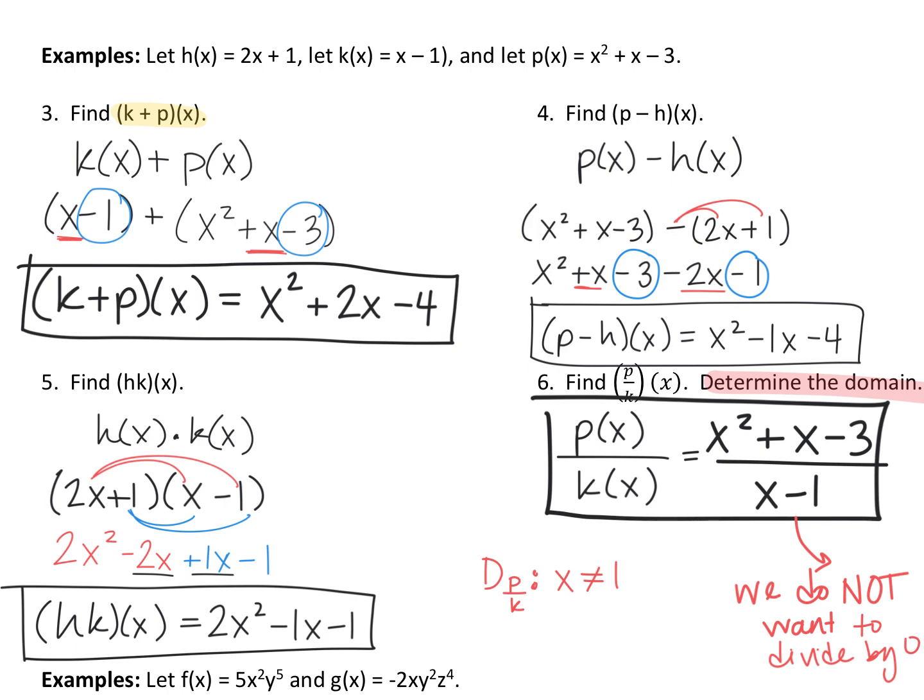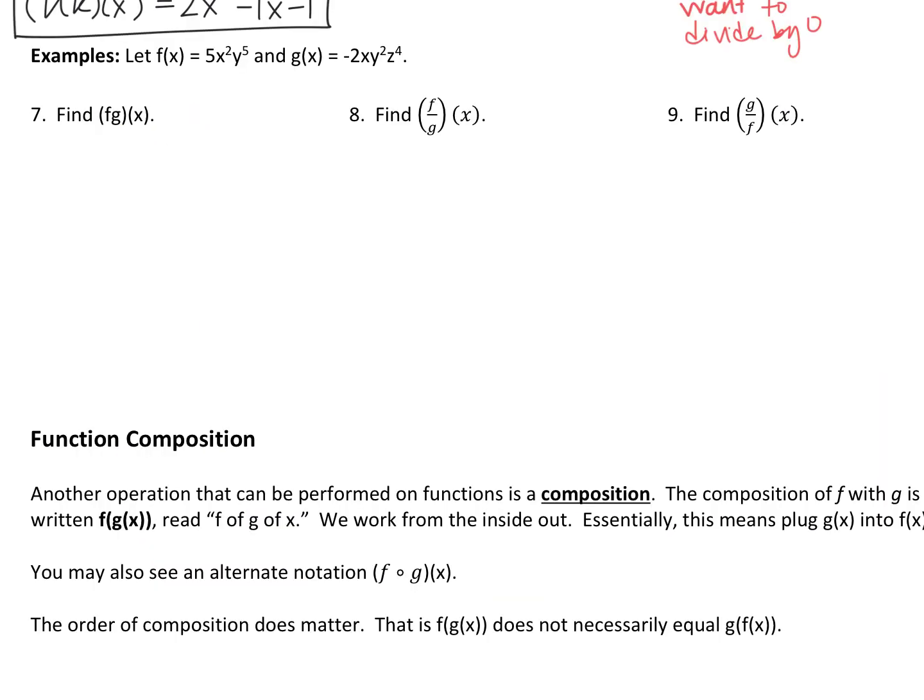Okay. So you're doing f times g, f of x times g of x, because they're side by side. F of x is 5x squared y to the 5th. G of x is negative 2xy squared z to the 4th.